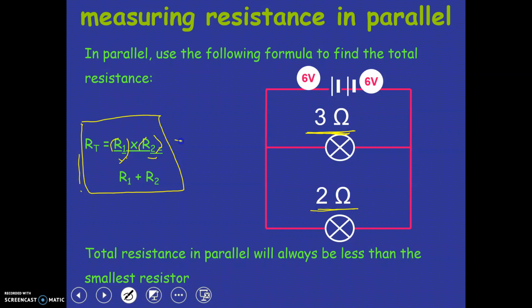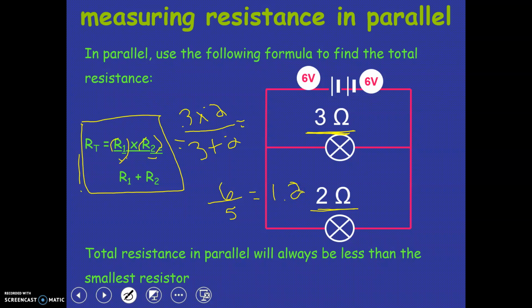So to plug it into this formula, it would be 3 times 2 divided by 3 plus 2. So 3 times 2 would give you 6, 3 plus 2 will give you 5, 6 divided by 5 is 1.2.